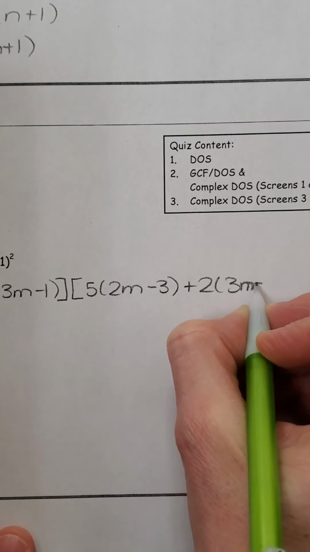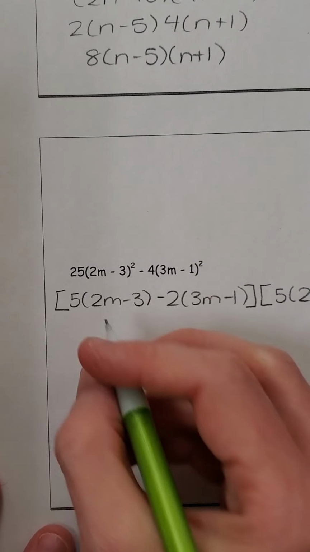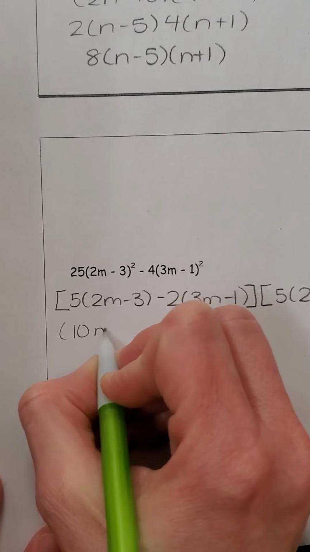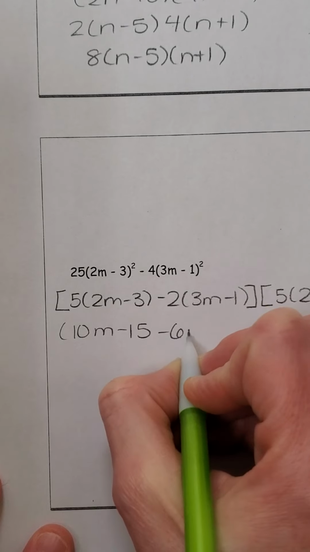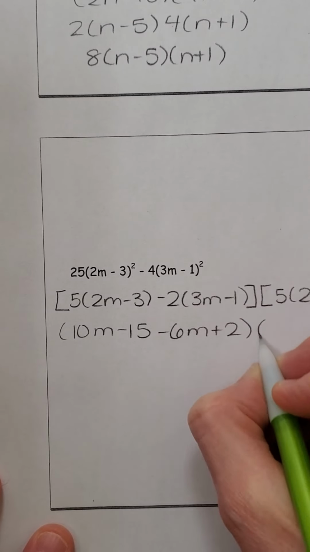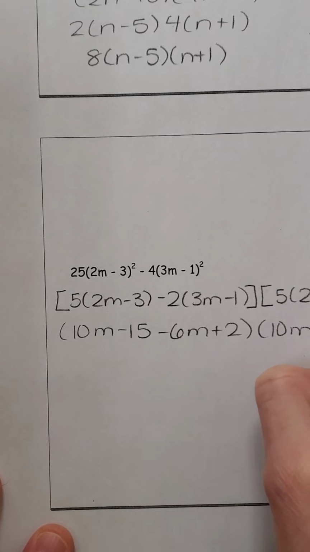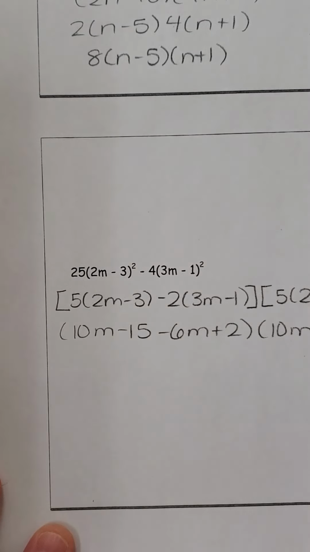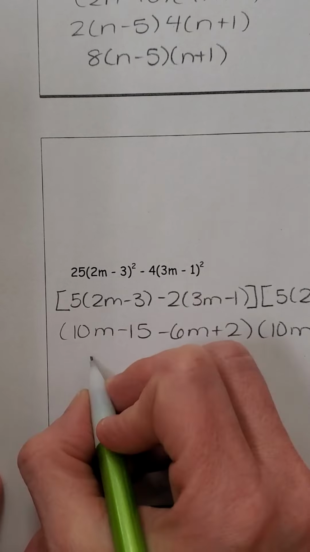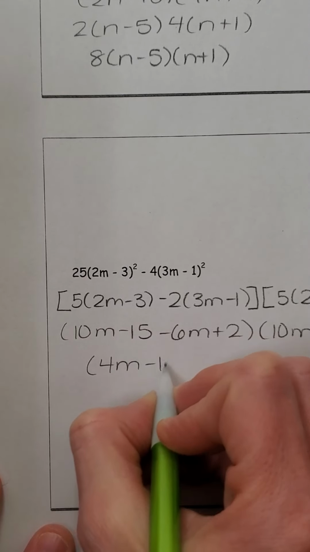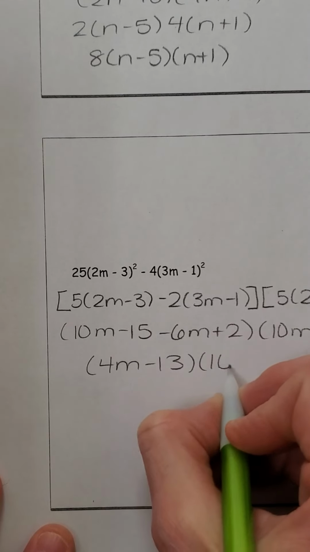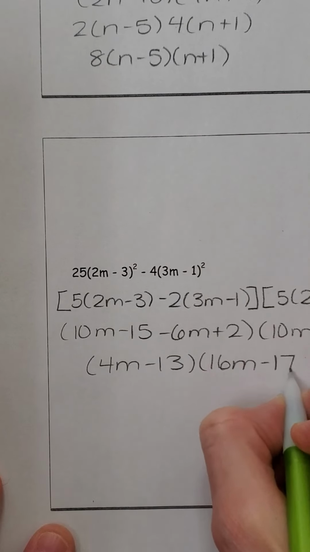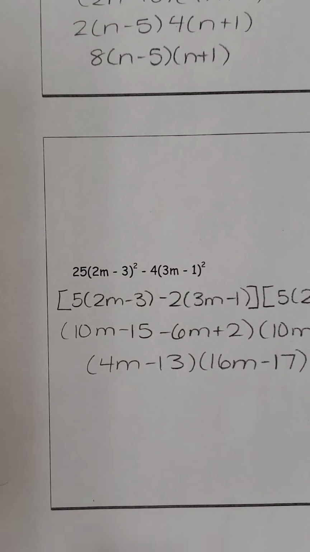Oops, that's an m. And then we'll go back here and we'll simplify. 10m minus 15 minus 6m plus 2. 10m minus 15 plus 6m minus 2. And then we'll add them together. And that's it.